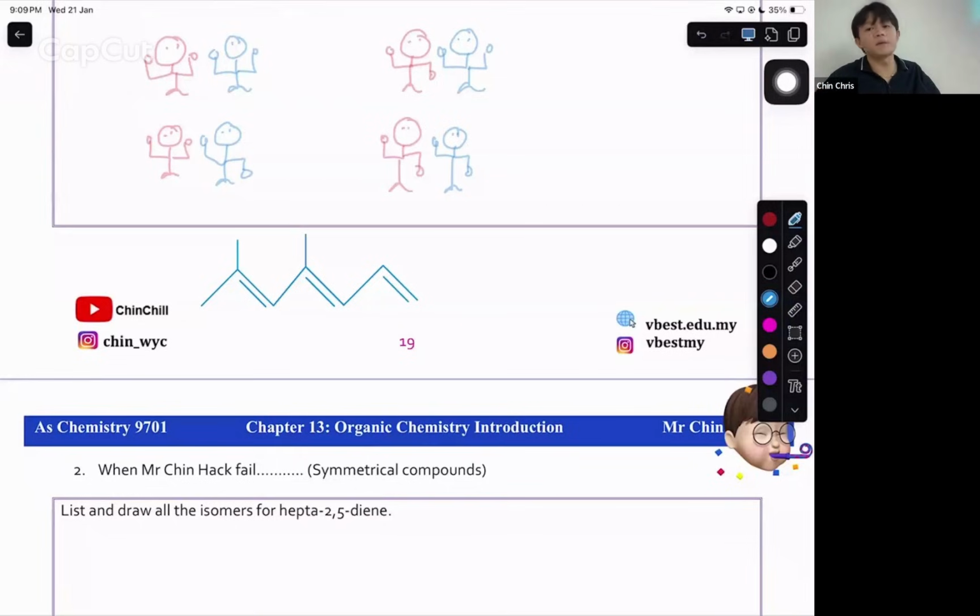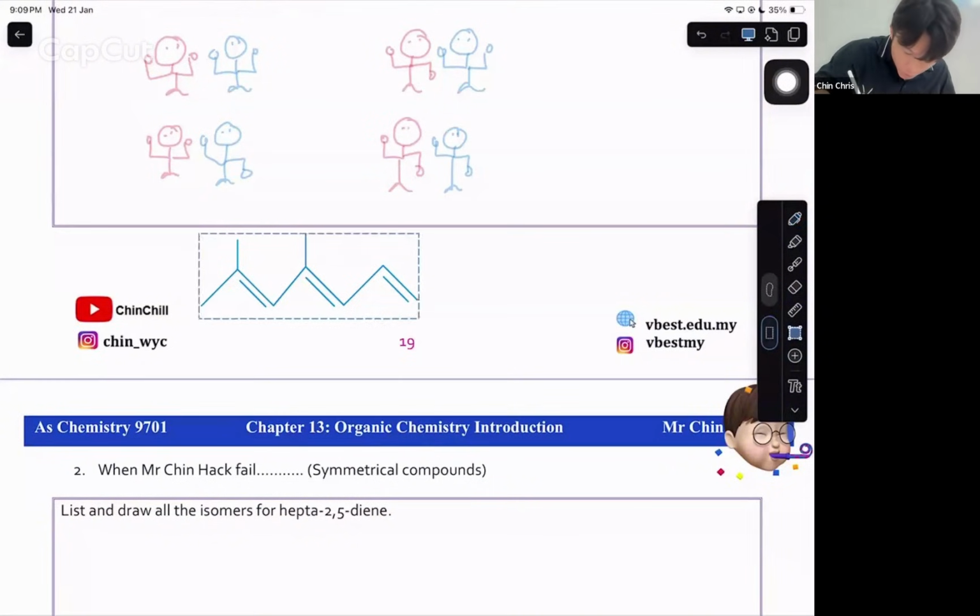All right, guys, please tell me how many isomers you will be getting. If you can do this, I'm proud. Go.